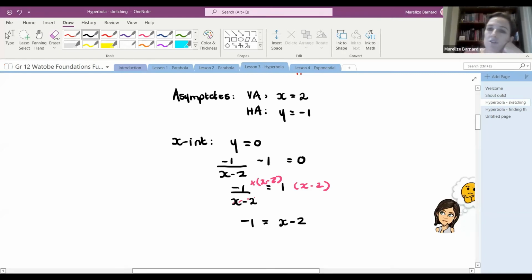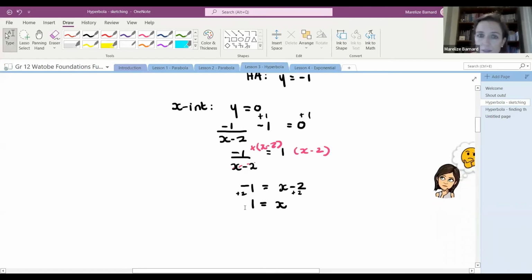So Sasanda, what I did was add the 1 on this side and on the other side as well. That's how I got -1 over x minus 2 is equal to 1. Then I multiplied by x minus 2, which leaves me with -1 is x minus 2. I add 2 on both sides because I want to get x by itself. So x is equal to 1.